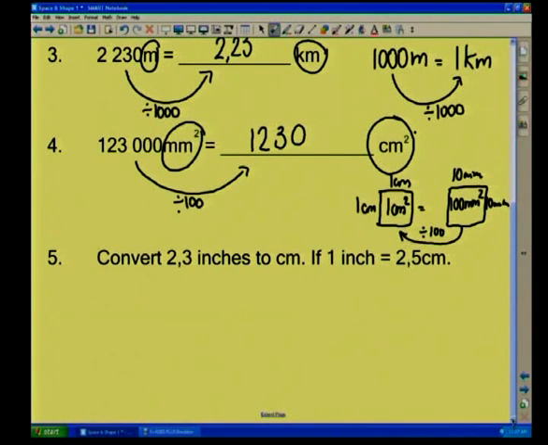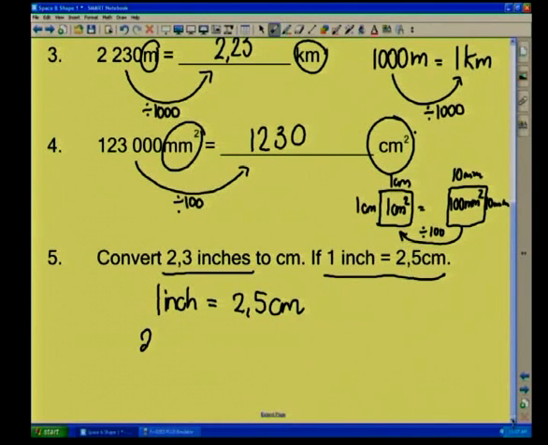Right, part 5 of this, you need to convert 2.3 inches to centimeters if 1 inch is 2.5 centimeters. Okay, so let's write down the information that they've given us. 1 inch is equal to 2.5 centimeters.